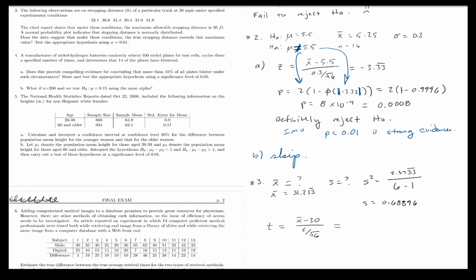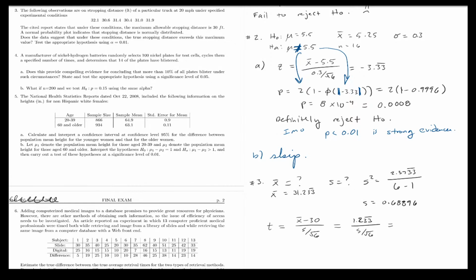And that's going to be 1.233 repeating over s over square root of 6. So now I just plug and chug that.